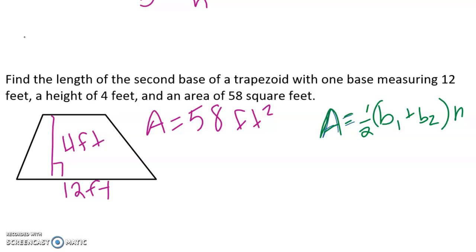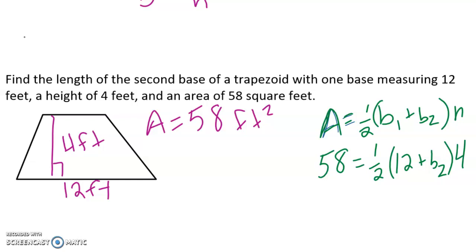I can substitute in my values, so my area, 58, is going to be 1/2 times (12 plus b2) times 4. So we know what I'm going to do first. I'm going to simplify on my right side the 1/2 times 4, and we get 58 equals 2 times (12 plus b2).